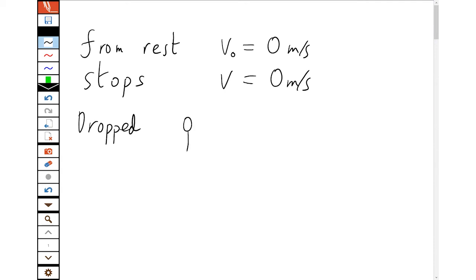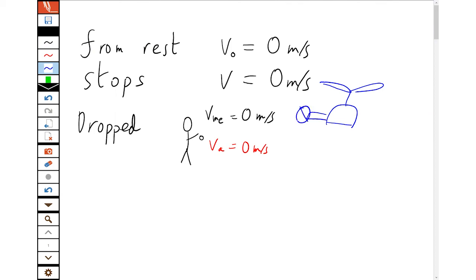For example, if I'm just standing here and I drop an apple, well, my velocity was 0, so the apple starts with a velocity of 0. But if a helicopter was flying along, you can see my amazing art there, with a velocity of 20 meters per second, and it drops a crate of supplies, then those supplies will also start with a velocity of 20 meters per second to the right, which is fun.